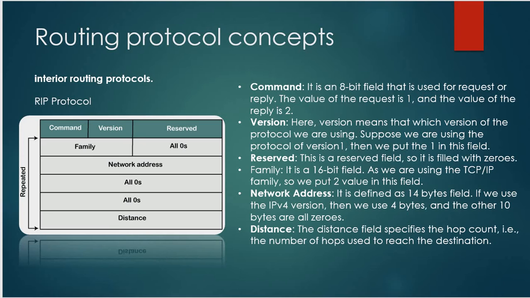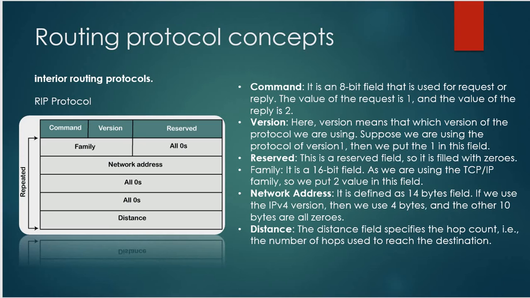Let me explain a little bit about it, how we count the hops. The router itself checks the hop count, or we can say the number of routers passed in the network to reach the destination, as we see here.